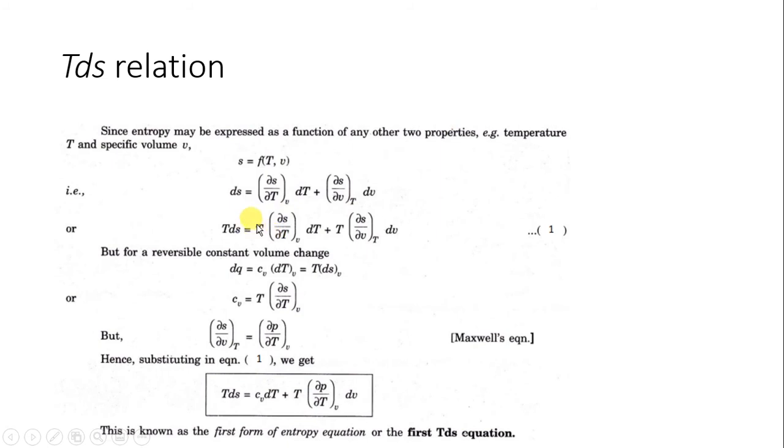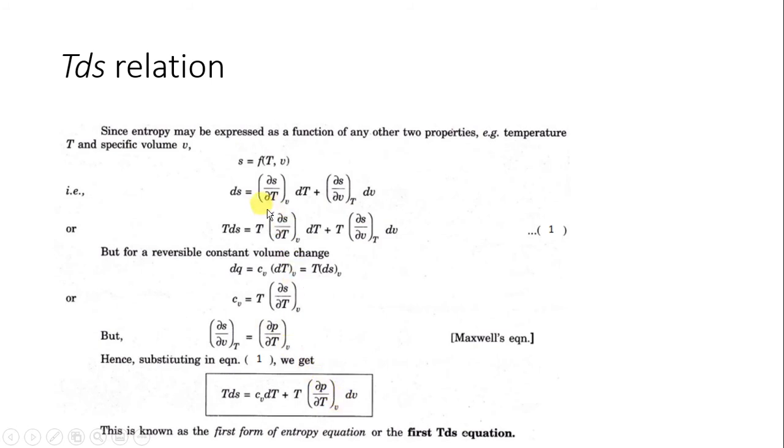And then this T multiplied by dou s by dou T when V is constant will give you Cv. So the final TdS equation will be TdS is equal to Cv dT plus T, and this term you can see over here, dou s by dou V at constant T, is replaced by dou P by dou T at constant V using the Maxwell relation.